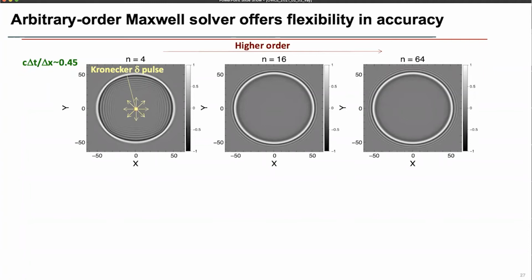And this usually is worse as the wavelength is shorter. Of course, the closer the wavelength to the grid cell, the larger the approximations. So one way to visualize this is to let a Kronecker pulse be initialized in the center of a grid and just let it go. It should be isotropic and result in a very sharp front.